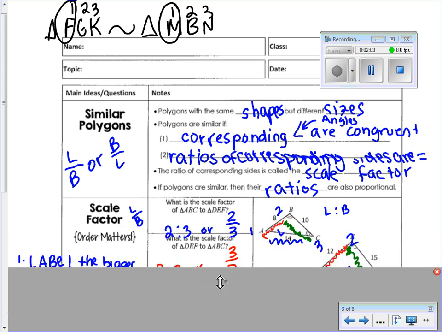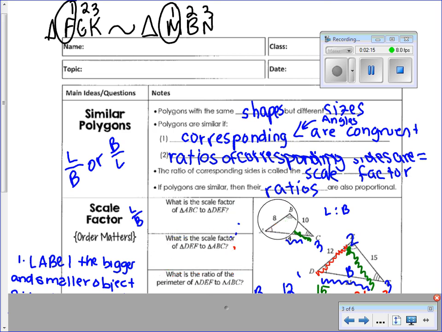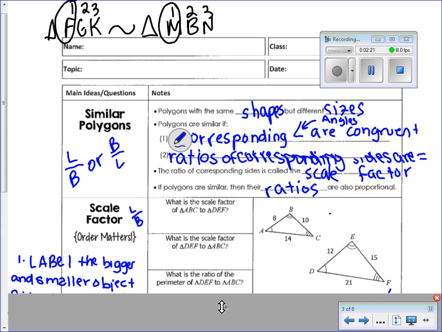Well, the first thing we want to do is label the bigger and the smaller object. I'll do this with you. So here's the smaller one, here's the bigger one. How are we setting this up? Well, they want to know triangle ABC to DEF, so little to big.